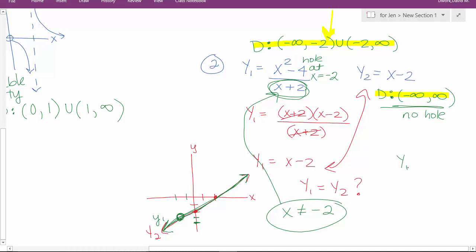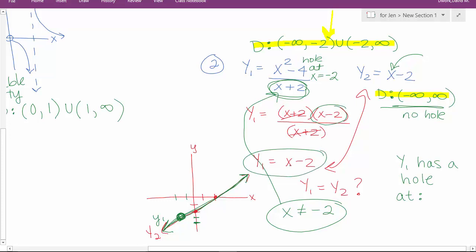So I would say function y1 has a hole at, and if I want to find the physical point, this is again the same line as y2 equation-wise, right? The equation looks the same. So I can put -2 in here or in that reduced y1.